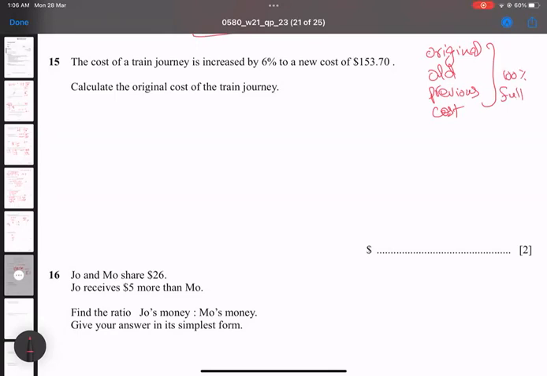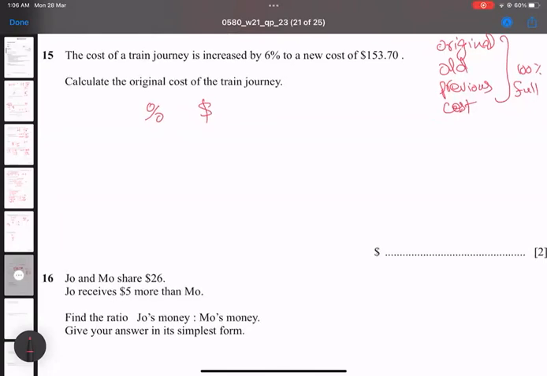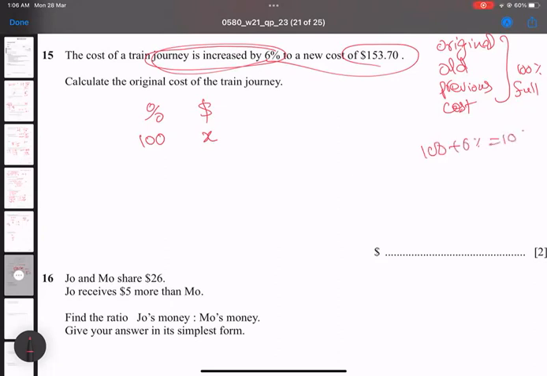So I will write here two titles, percentage and dollars. In front of 100 percentage, I will put a question mark. Why? The reason is I need the original cost. And he said that this value after increasing 6% becomes this. So 6% increase in 100% becomes 106.